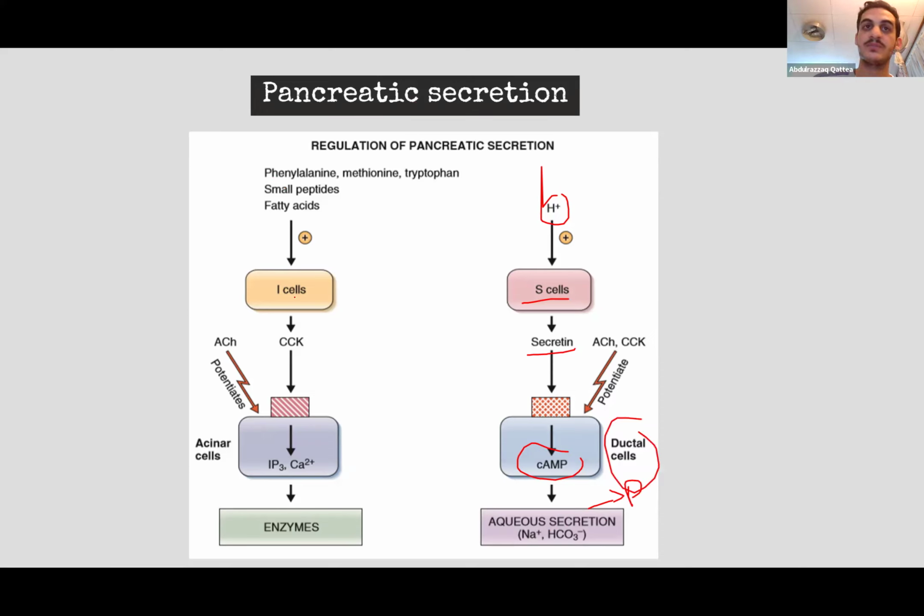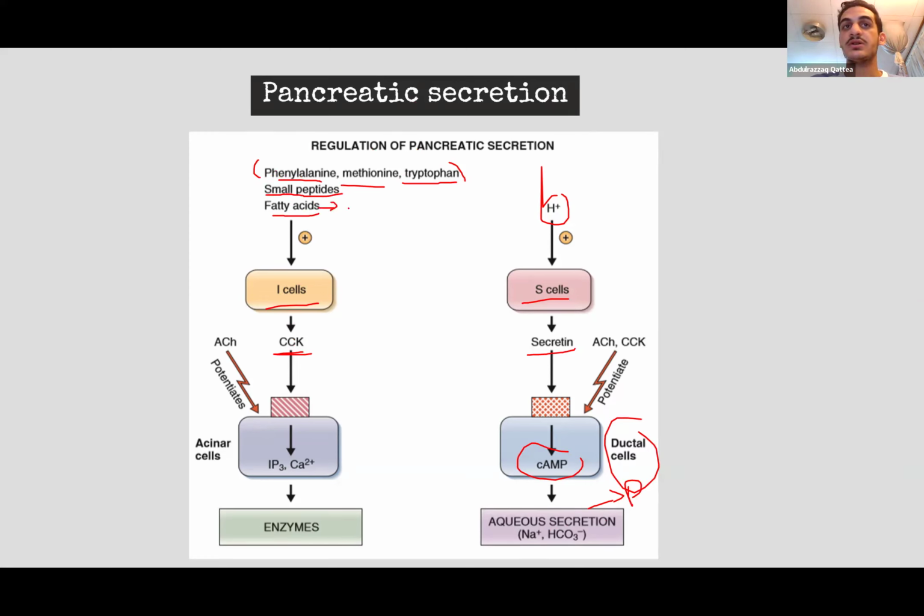On the other hand, what stimulates I cells to secrete CCK? It's a different stimulus. This time it's not acid or hydrogen. This time, phenylalanine, methionine, and tryptophan, which are amino acids, and also small peptides, and also fatty acids will stimulate the I cells.